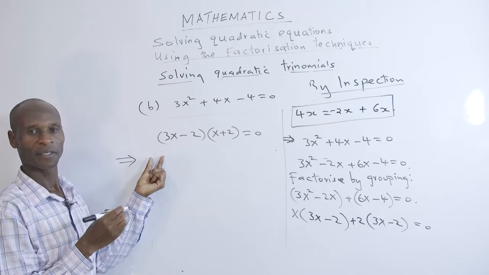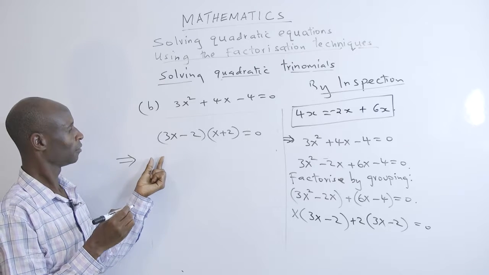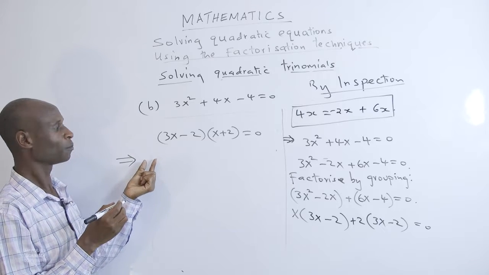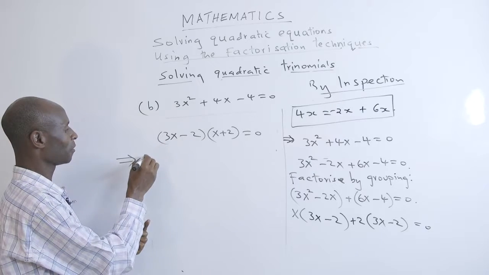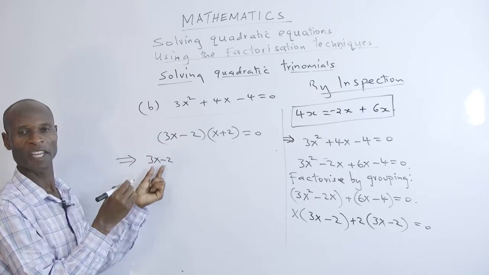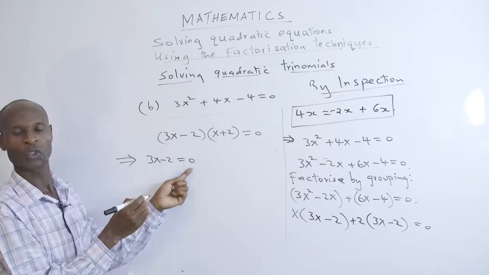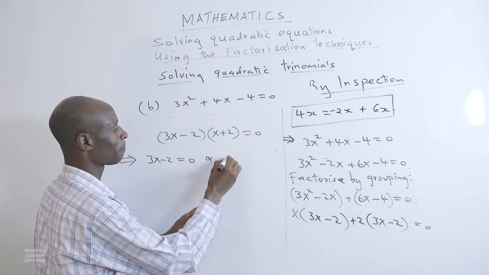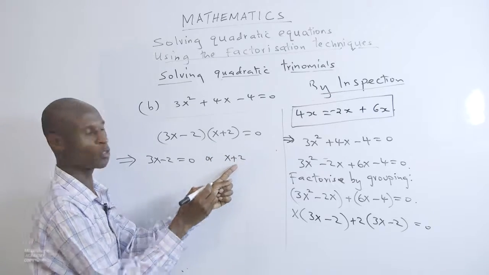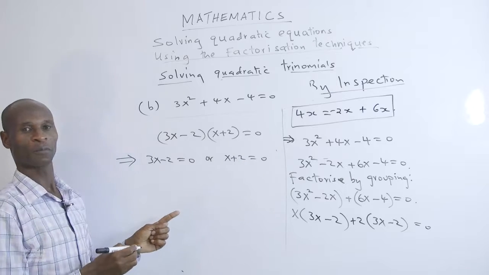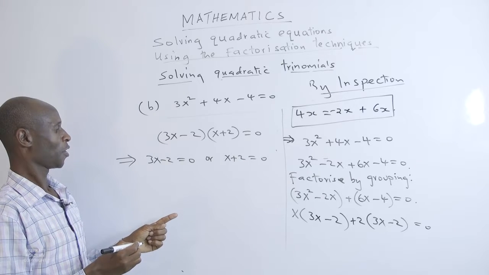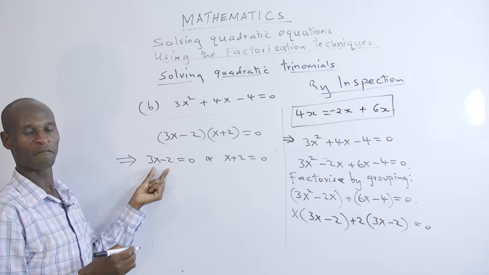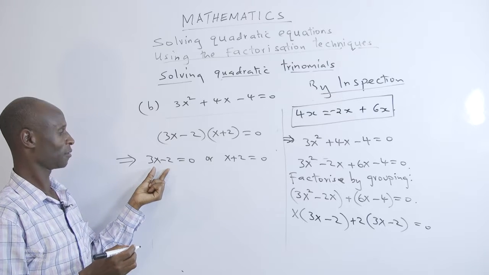This implies that using the null factor law, the first linear factor, 3x minus 2, will be equal to 0, or the second linear factor, x plus 2, is equal to 0. Suppose we pick the first linear factor. What will be the value of x?